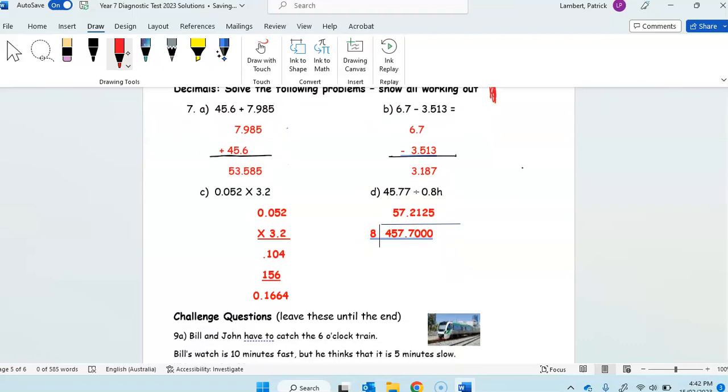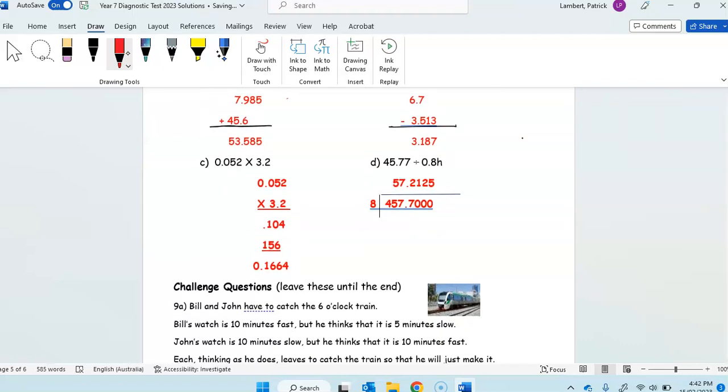Here, what's important is the number of decimal places in the question. There's 1, 2, 3, 4, so there has to be 4 in the answer. Now we just ignore the decimal point really until we have answered it. So 2 times this becomes 104. 3 times this becomes 156. 3 2s are 6 and 3 5s are 15.